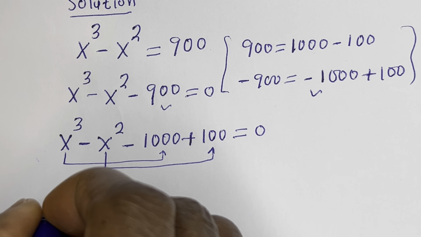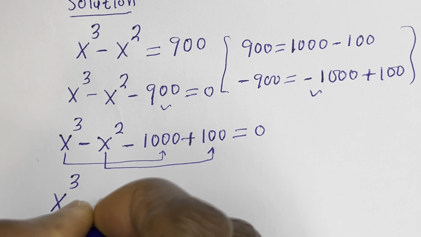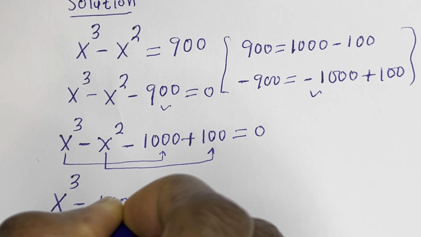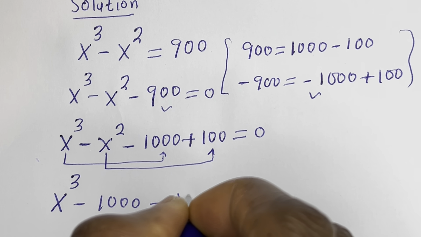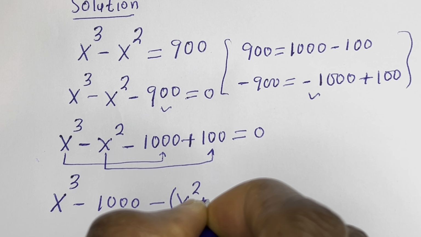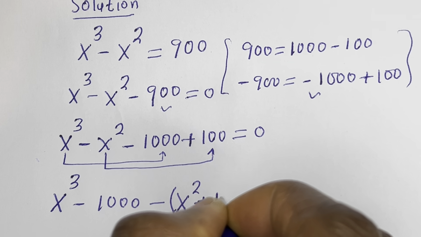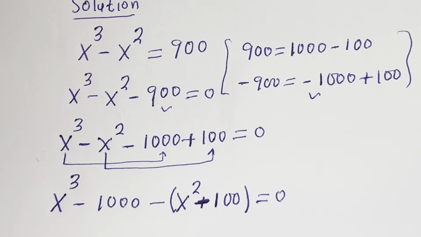We have s to the power of 3 minus 1000, then minus, this is s squared minus 100 is equal to 0.